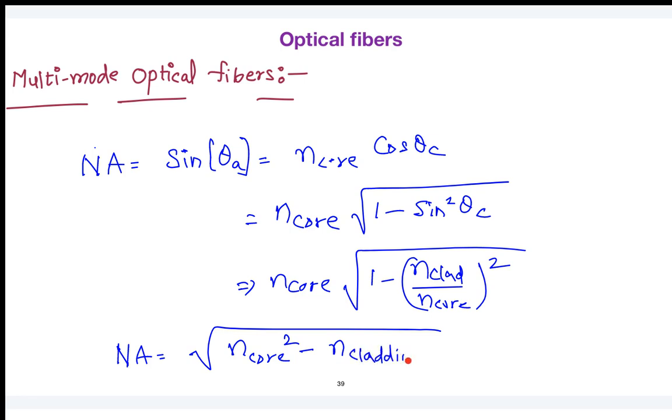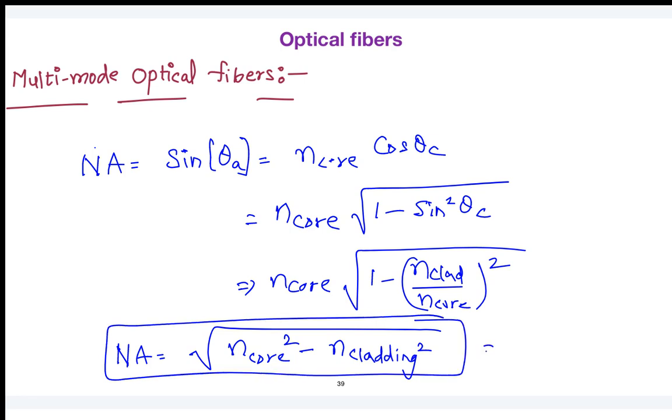If you know the refractive indices, you can straight away use this formula to calculate the numerical aperture. This is very important, you have to understand. The numerical aperture represents the maximum acceptance cone present in the optical fiber. If your angle of incidence exceeds that acceptance cone, it is not propagated.